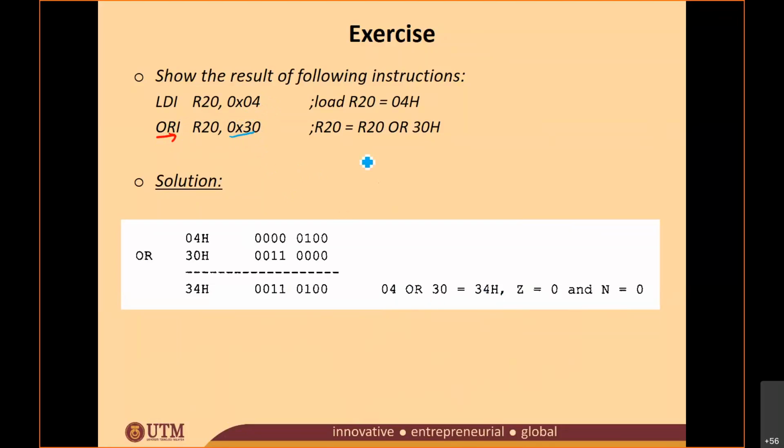So 0, 0, 0, 0, 0, 1, 0, 0. You can do it by using the 8421 method lah. 8421, 8421. So this is 0, 4. And what about 3, 0? So 3, 0 is 0, 0, 1, 1, 0, 0, 0, 0. Do logical OR. You know that this is 0, 0, 1, 1, 0, 1, 0, 0. And the final answer should be 3, 4.